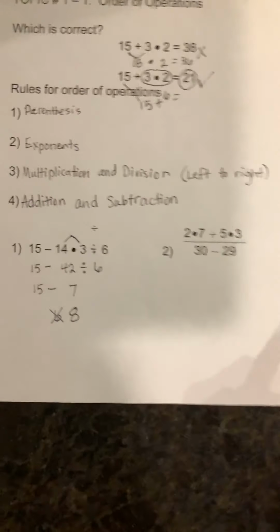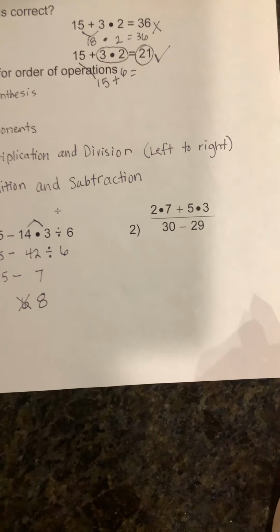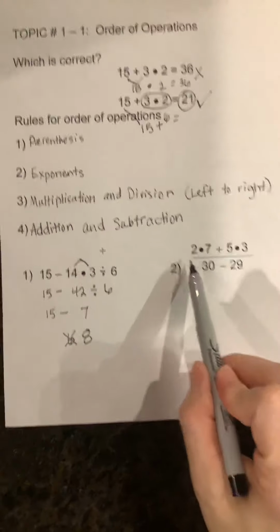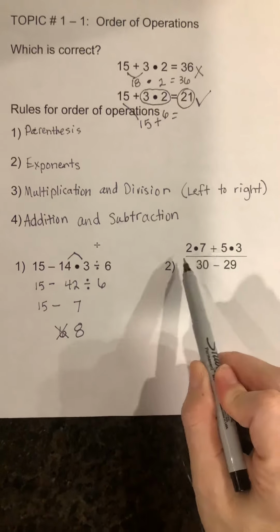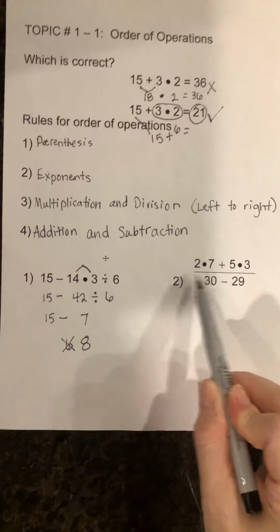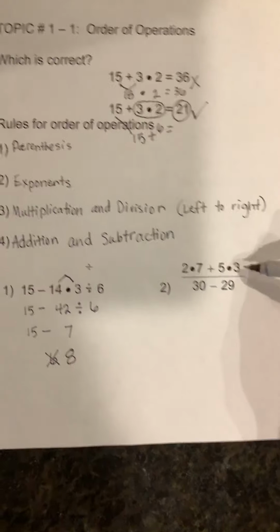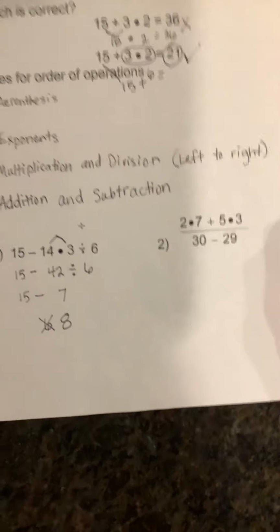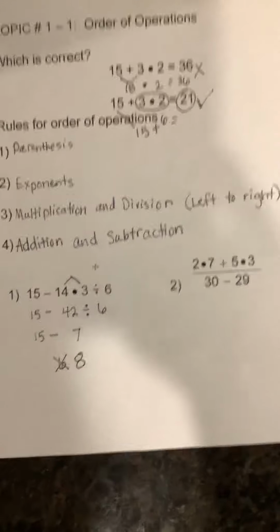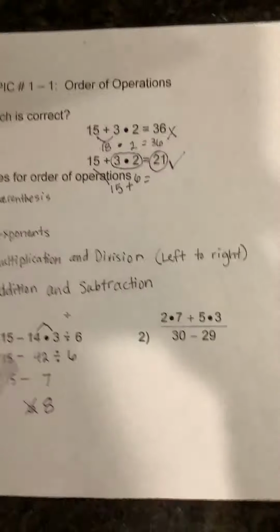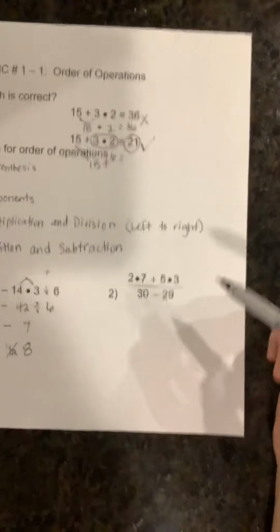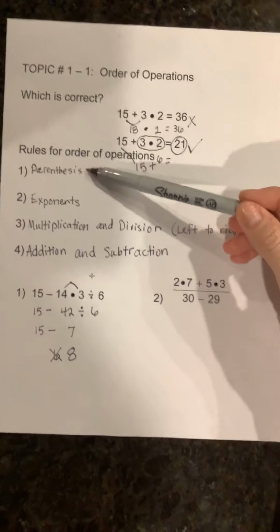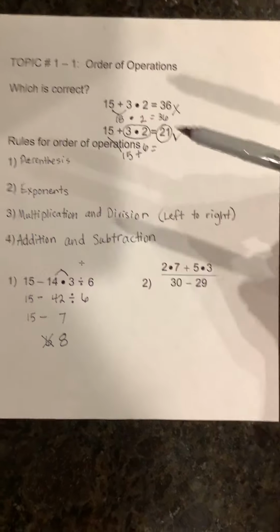Okay. All right, so let's go over to this next question, question number 2. So I have a line here, and that line is separating a numerator from a denominator. Well, that line also is a division symbol. So I'm going to just follow my order. I don't have any parentheses, don't have any exponents, but I have multiplication.